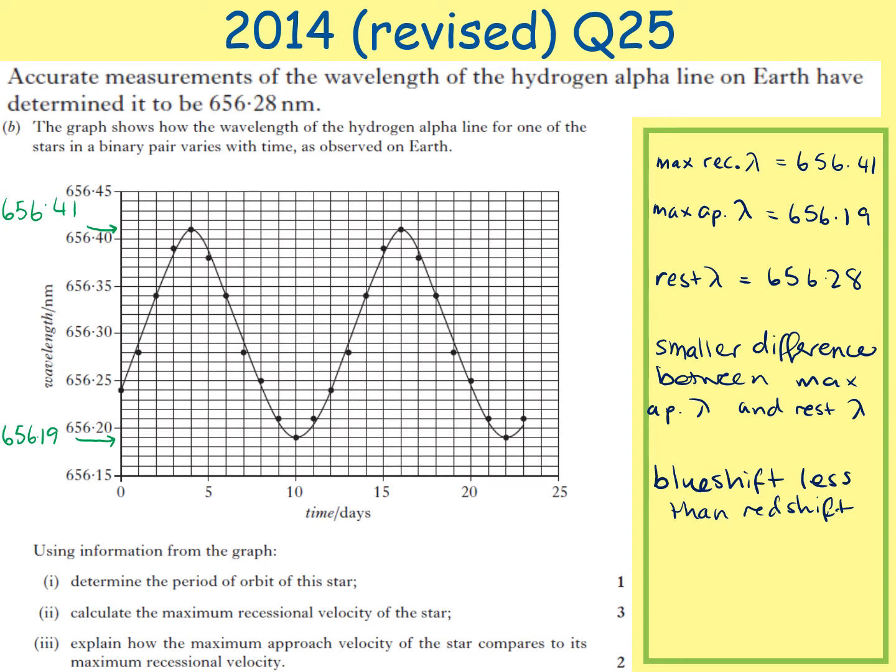And our approach velocity is going to be less. So that's our final answer there: approach velocity is going to be less than the recessional velocity.